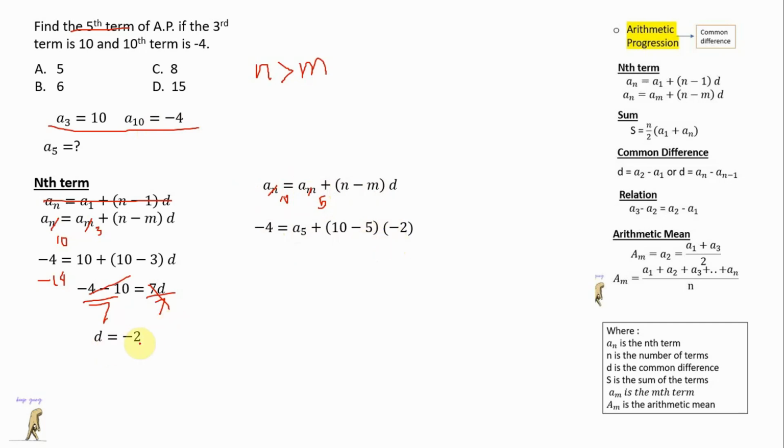And then we have already the value of d, which is negative 2. Then we need to simplify more. 10 minus 5 is 5. Then times negative 2 is negative 10. So we just transpose it to the other side, so it becomes positive. Then we simplify more, and we will get the value of a sub 5, which is 6. It is letter B. Okay?